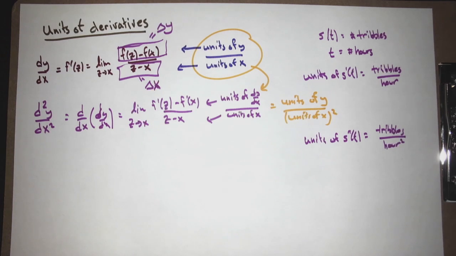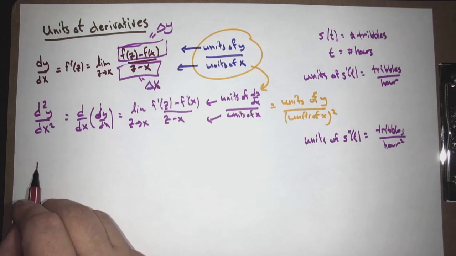But instead of saying that, we just say tribbles per hour squared. Isn't that acceleration? It is acceleration. Yes, it's how fast the tribbles are accelerating. And they do grow quickly. That's why they're troublesome. Tribbles are trouble. Until you run out of grain. But anyways, that's a different story.